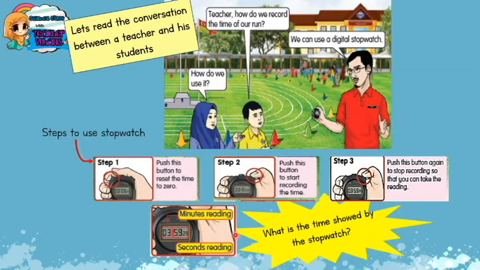What is the time showed by the stopwatch? Can you read? It's 3 minutes and 59 seconds. 3 is referring to the minutes reading and 59 is referring to the seconds reading.